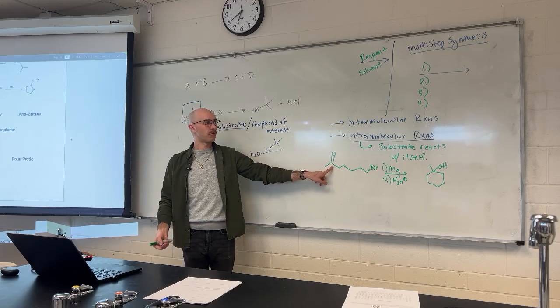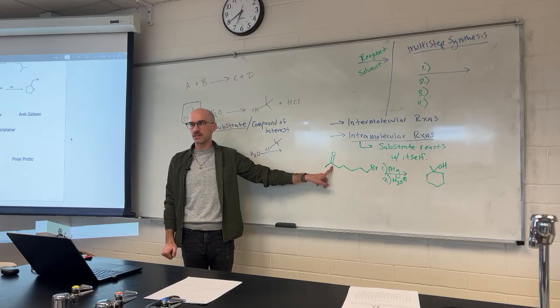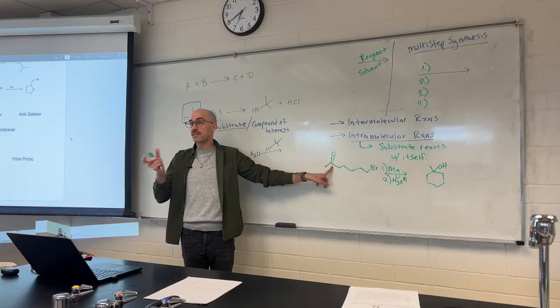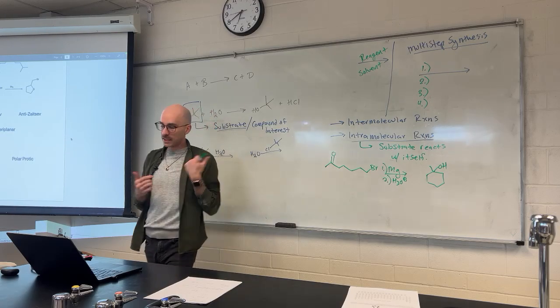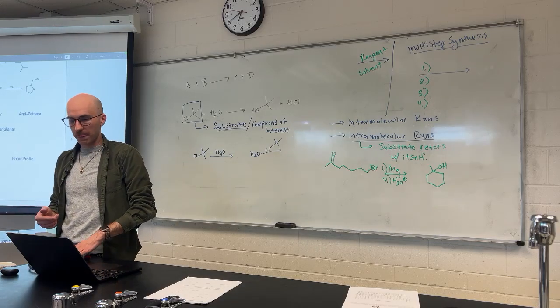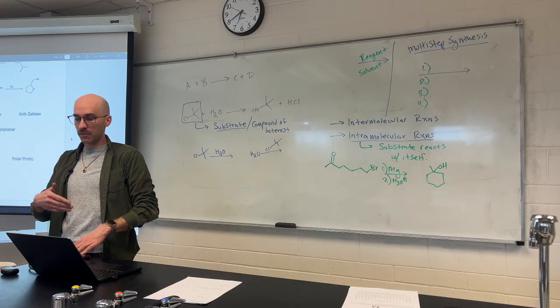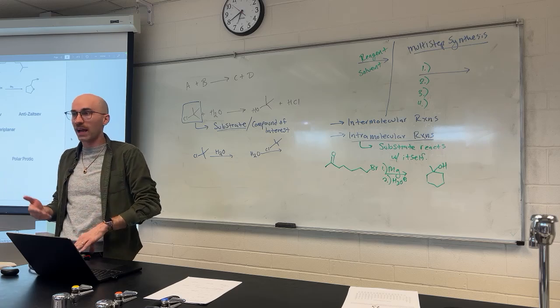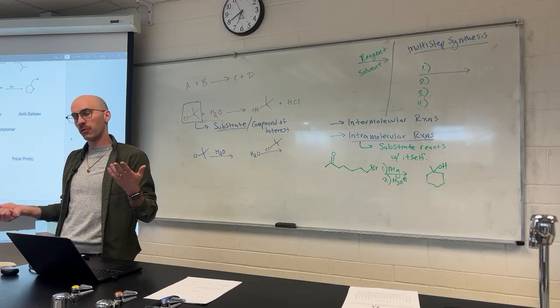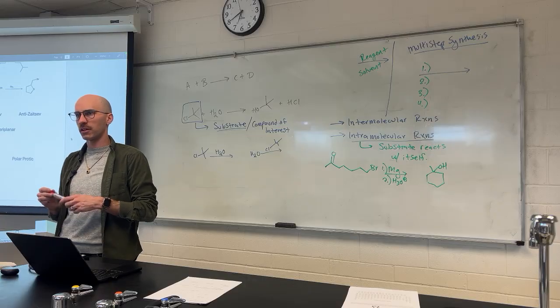That's a little bit more common with intramolecular reactions. You've got different parts of your substrate interacting with each other, which means different things might be happening for each of those carbons. In this case, they both happen to be reduced, but they reacted with each other through different reaction types. One was a substitution reaction for one carbon. One was an addition reaction for the other carbon.